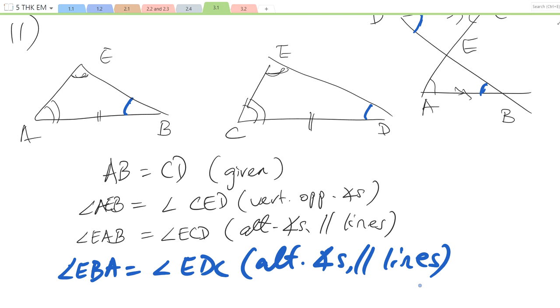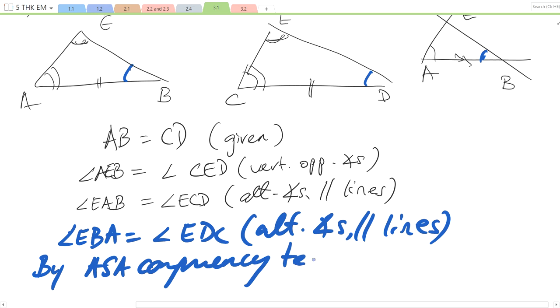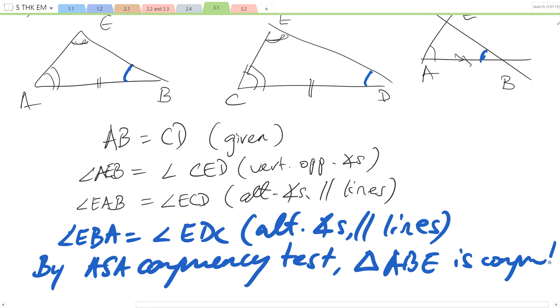Which test should I use now? ASA, congruency test. According to the question, triangle ABE is congruent to triangle CDE. We just write it down exactly the same as the question.